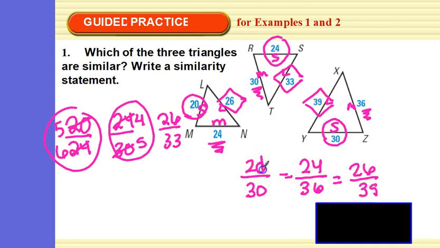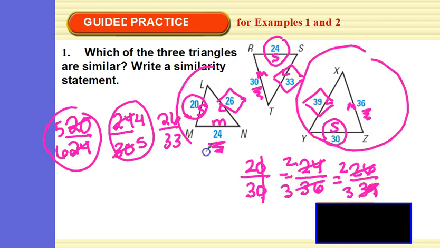Let's see. 2/3. 12 goes in here twice. 12 goes in here 3 times. All right, 13. Is that 39? Yeah. 13 goes in here twice. 13 times 3, 39. 2/3, 2/3, 2/3. So these two are positively similar.